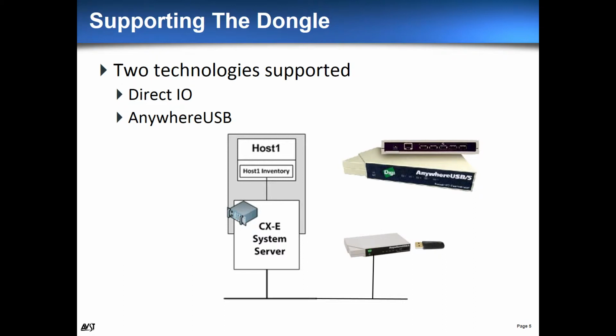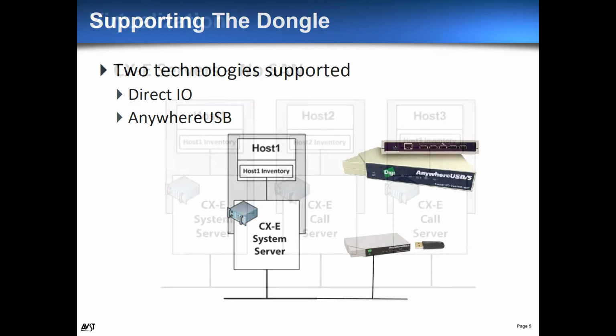In our case, we're going to install the dongle on the Anywhere USB device and go into our software and map our dongle out to that physical dongle on the network. Anywhere USB has been deployed in thousands of installations. It's a well-tested product, and it's been tested in our labs and certified for use with VMware and the CXC system. So that's two ways to do it: DirectPath I/O or Anywhere USB.